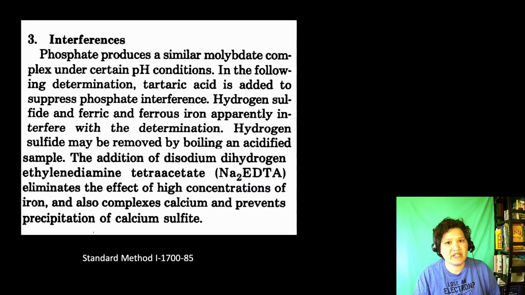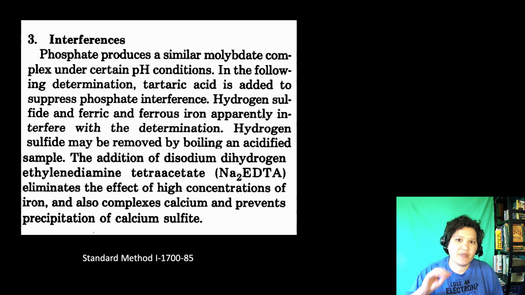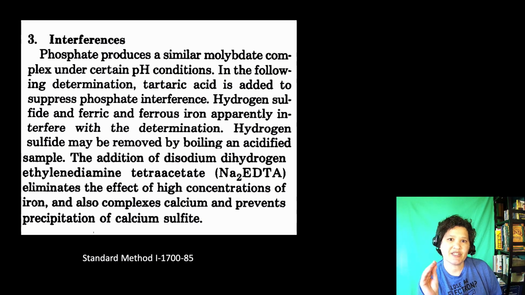So what you need to understand when you hear people talking about interferences is they're telling you this is a limitation. These are things that could cause you to get a different reading than what you think you're actually measuring.